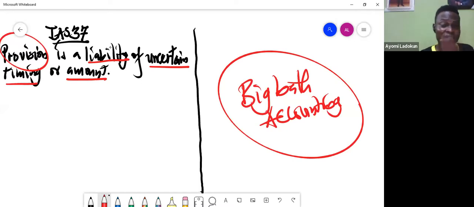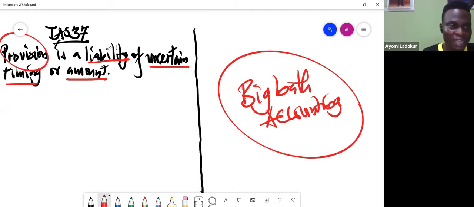IAS37 now says for you to create provision as an entity, three conditions must be met. Okay, three conditions must be met. So let's take a look at that.